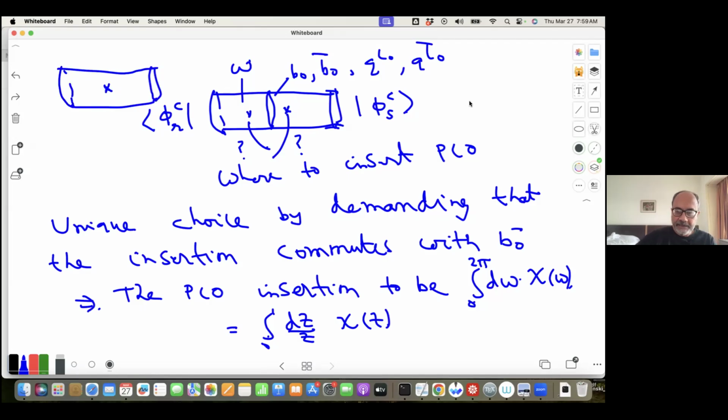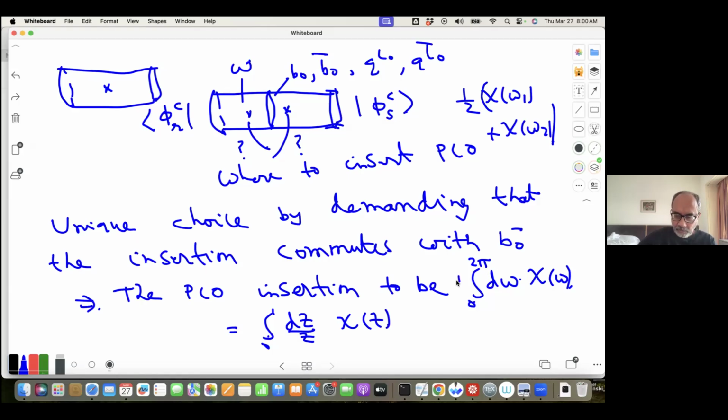You could have taken this to be half chi of W1 plus chi of W2. This will correspond to choosing S to be a cycle, the average of these two cycles: one where you place chi at W1, the other where you place chi at W2. This is a somewhat extreme version of that, where you take the average.